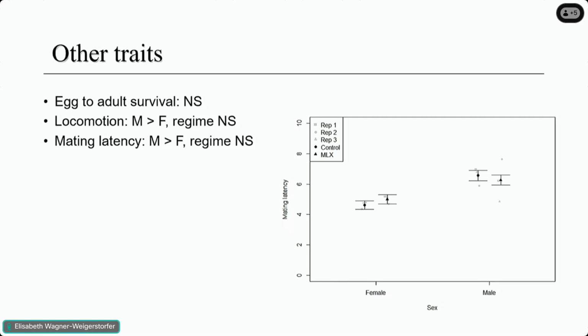So this to me is suggesting that either the females in both the control and the MLX lines are somehow becoming less choosy than in the ancestor, or that the males in both the selection treatments are somehow worse than the ancestor. This could be some sort of effect of smaller effective population size.